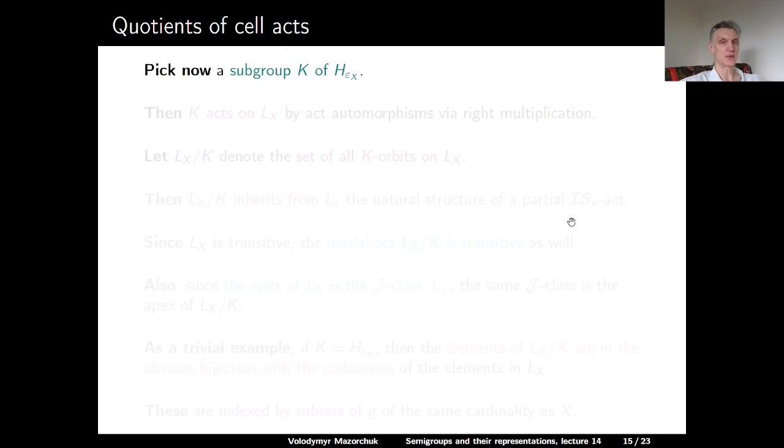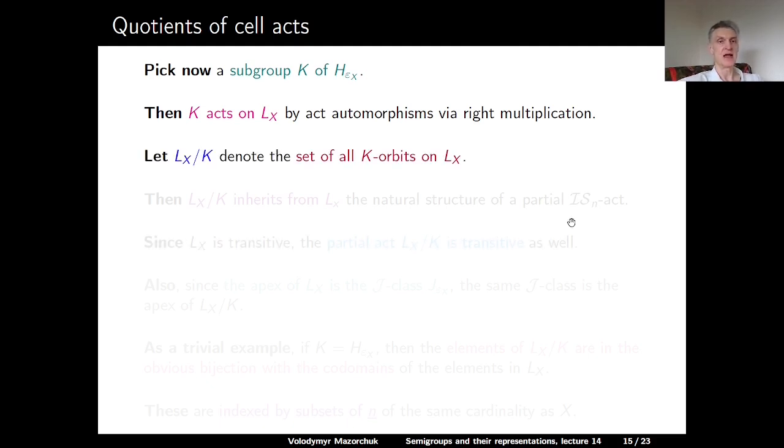Now we can define quotients of cell acts. So pick now a subgroup K of our group H sub epsilon x. Then K acts on Lx by act automorphisms via right multiplication. That's what we discussed on the previous slides. Let Lx modulo K denote the set of all K orbits on Lx. Then this set inherits from Lx the natural structure of a partial ISN act.